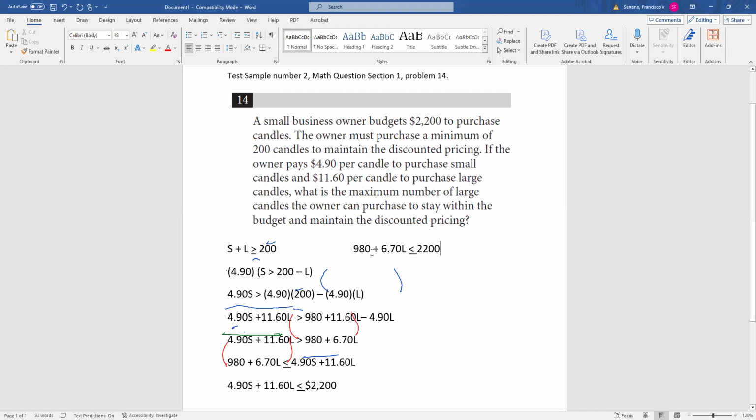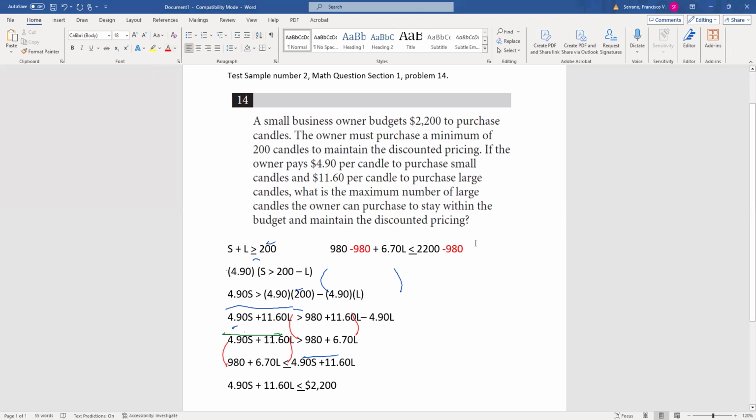So I need to subtract 980 from each side of that inequality. So let me do minus 980 on the left, and over here let me do the same color, and let me do minus 980 on the right.